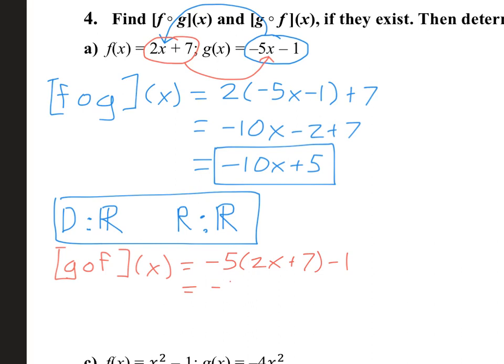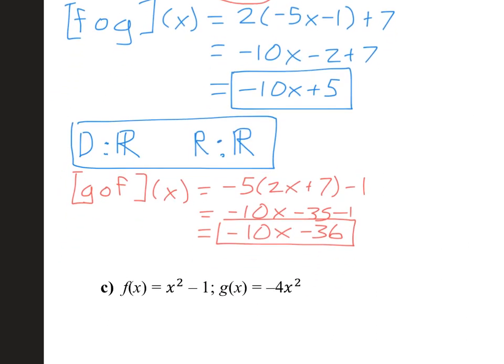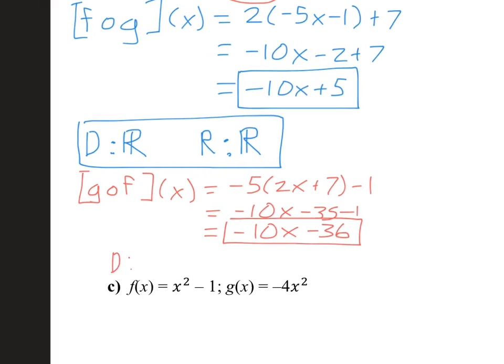So that's -10x minus 35 minus 1, which is -10x minus 36. That is also linear. Linear functions have a degree of 1 because it is odd. The domain is all real numbers, and the range is all real numbers. Remember that when the degree is even, the range will definitely not be all real numbers.